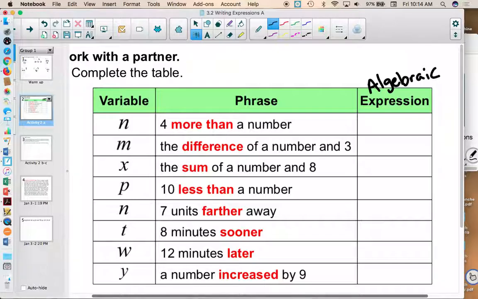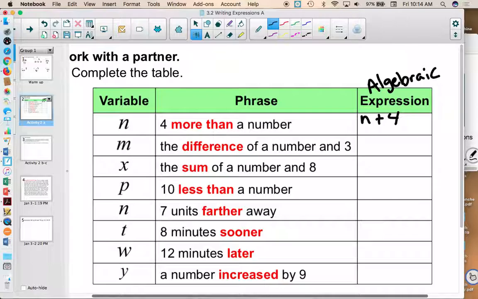N plus 4. Can she write it as n plus 4? Or could I write it as 4 plus n either way? Commutative property says I could do either way, but if I go by what is written here, I'm going to write n plus 4 because this is 4 more than n.